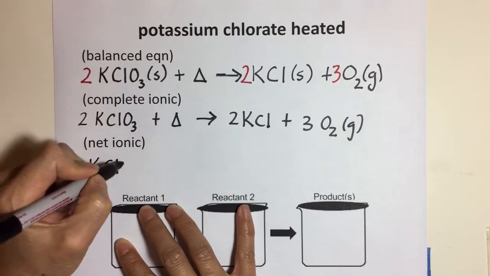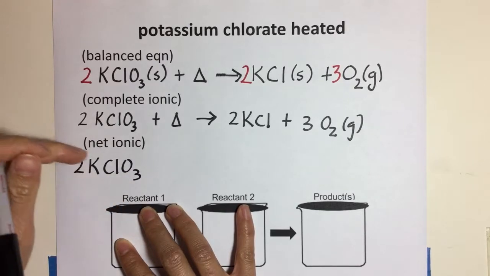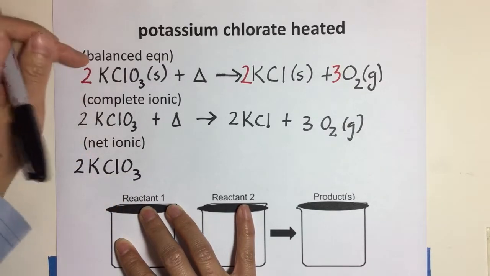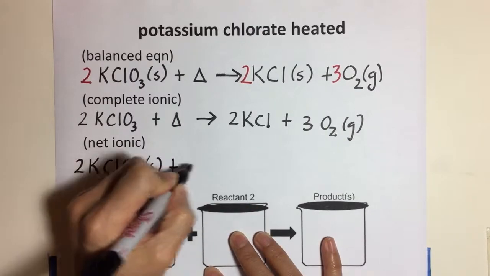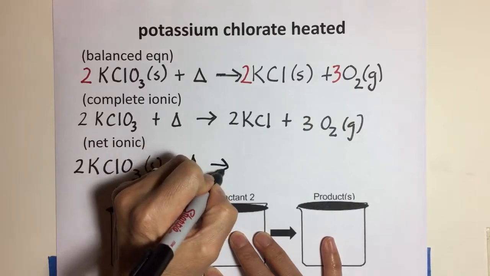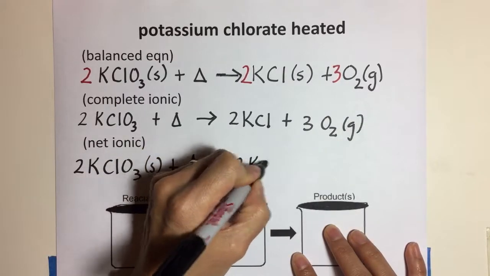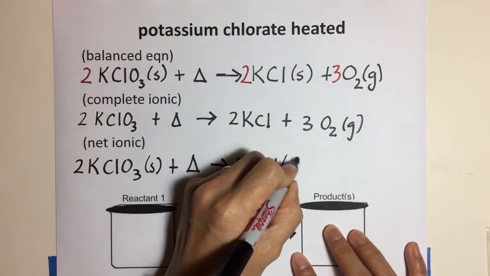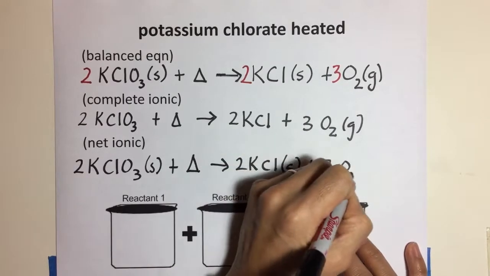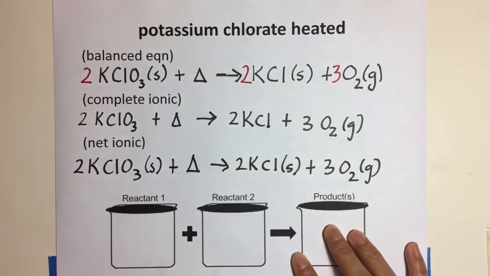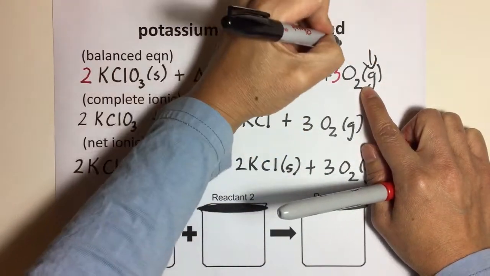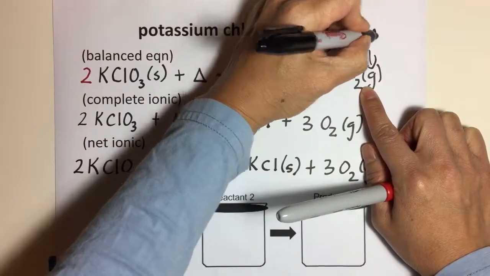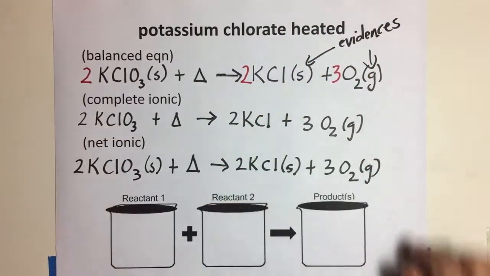So you're going to leave the same reaction for the net as you did for the complete ionic and for the balanced chemical equation. So this is a solid, heat, solid potassium chloride, and then oxygen gas as your gas. Again, both are driving forces, or evidence. Another way of saying driving forces is that these are evidence of a chemical change or a chemical reaction.